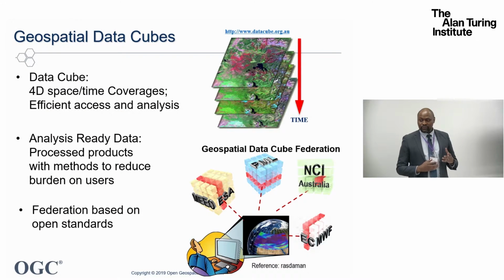But we've also seen a significant shift towards data cubes. Multidimensional arrays of coverages that in many cases consider both space and time. And there are a number of federations that have been established with organizations from different parts of the world, where these organizations pull together data from their own data cubes and overlay those data sets in order to support Earth observation and climate science.